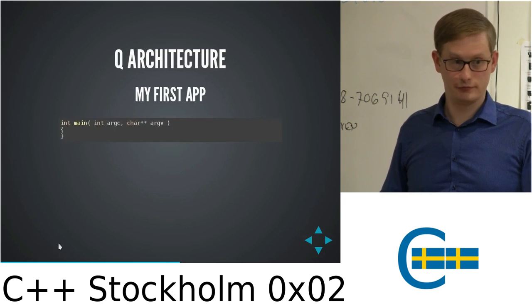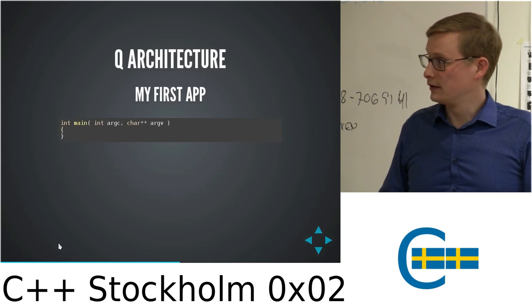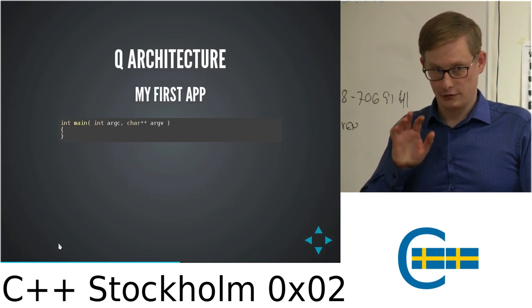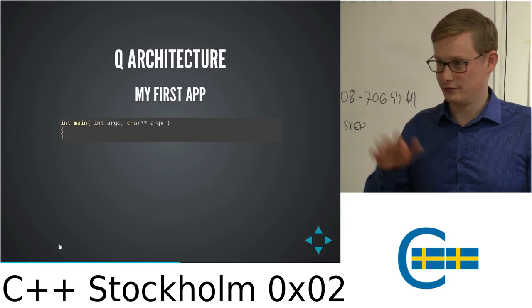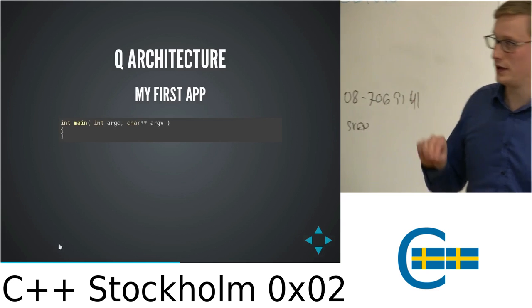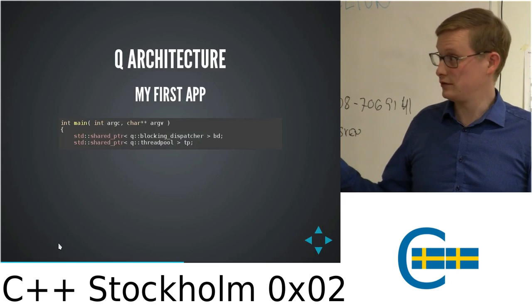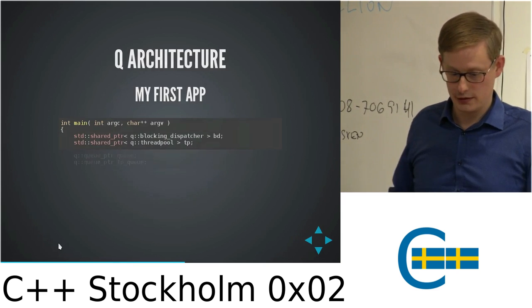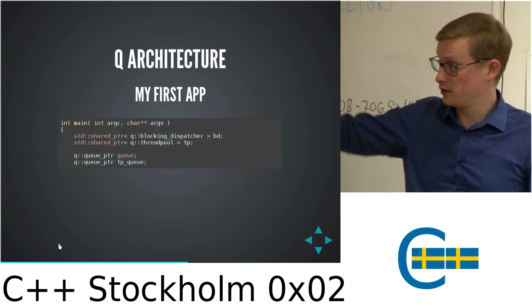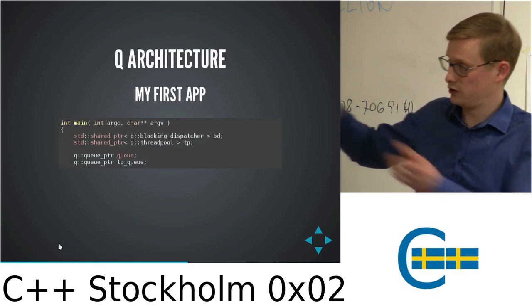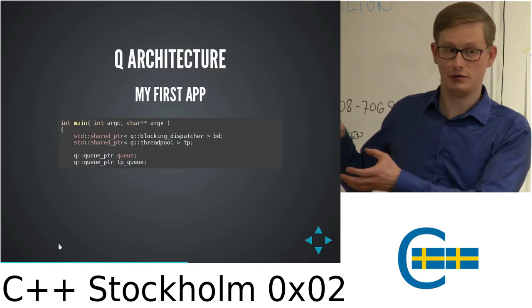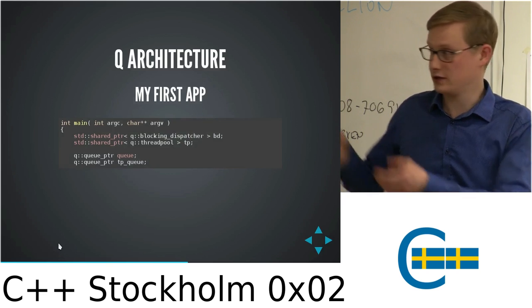So let's build a program. What do we begin with? Int main. Don't look too closely if you're tired. It's not really relevant exactly what I'm showing in the next 2-3 slides. You need to allocate a blocking dispatcher and a thread pool, well, if you like. A queue will be bound to the blocking dispatcher, the TP queue to the thread pool, so the names kind of make sense.